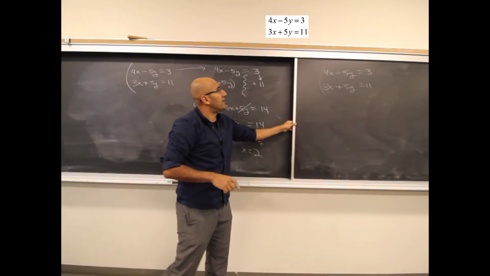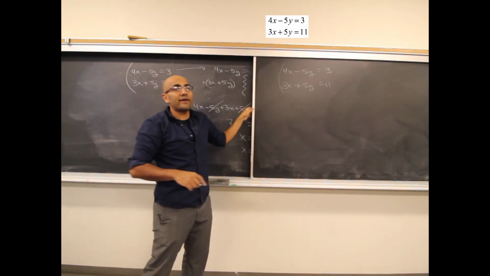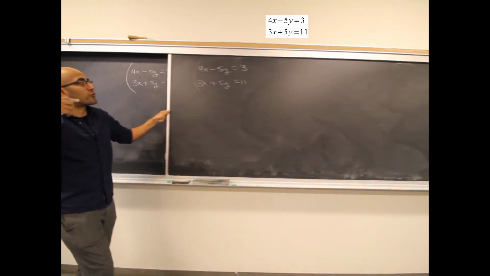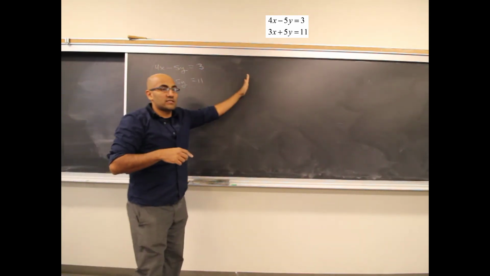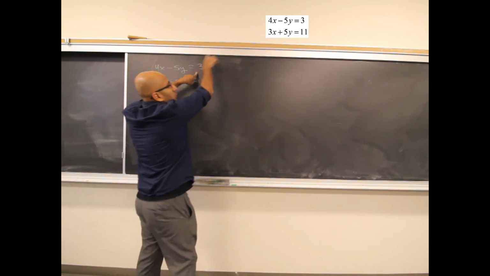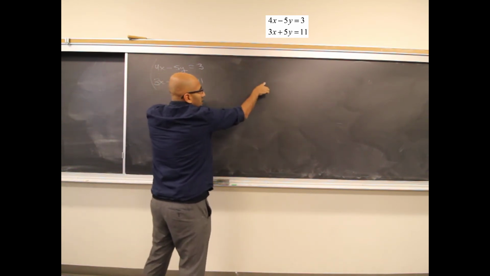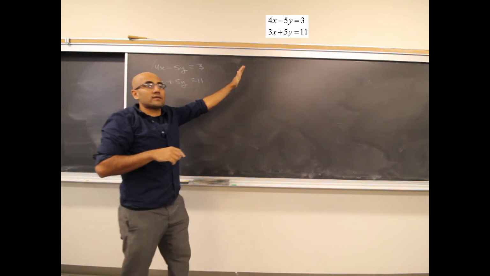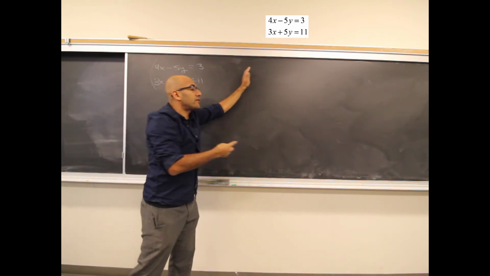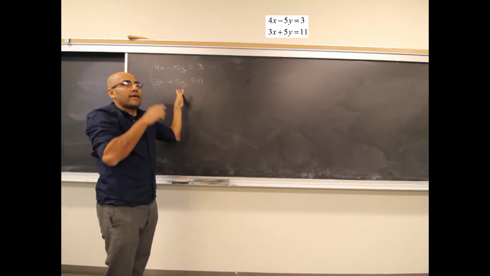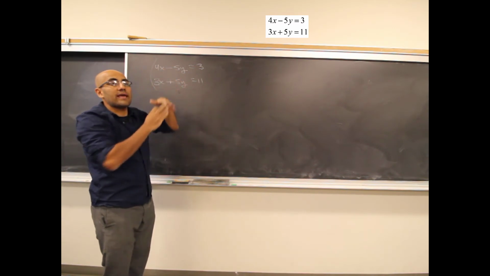But before I do that, I've got to rewrite each one of these equations. My goal is to rewrite them into a new system of equations that is equivalent to this system of equations. And my goal is for the x's to be additive inverses.